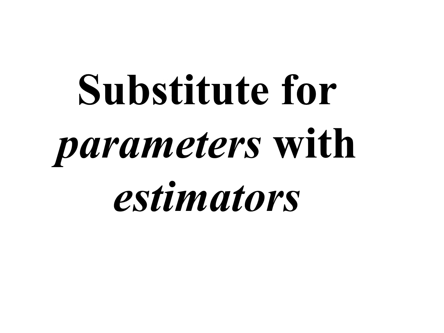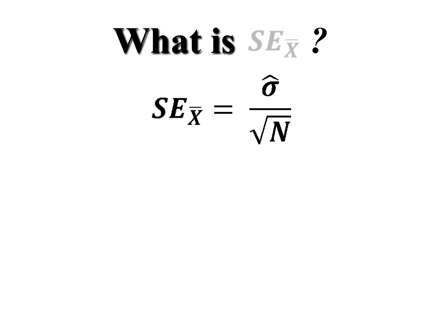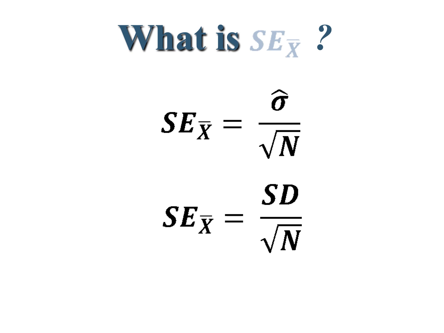But again, statisticians just substitute estimators for parameters. So here's the familiar formula for the standard error, but substituting the estimated value of sigma for sigma. For the estimated value of sigma, you can just substitute the sample standard deviation, then you plug in the numbers and calculate the standard error.